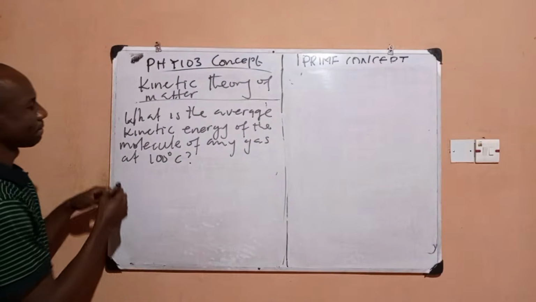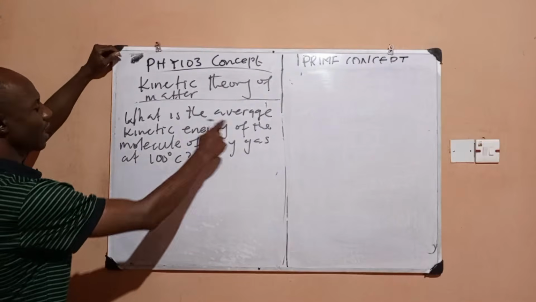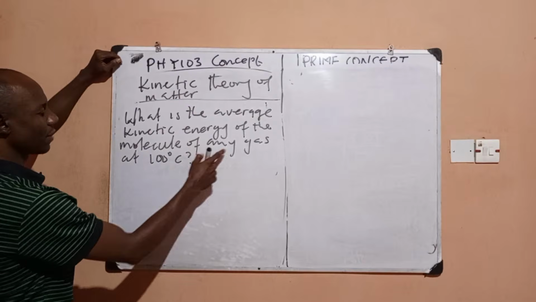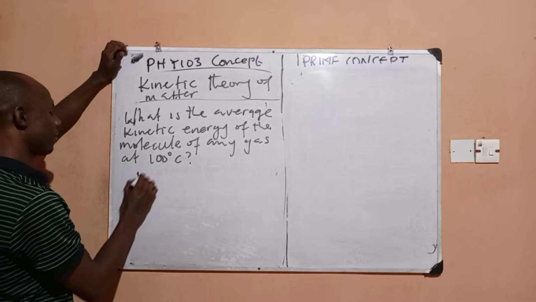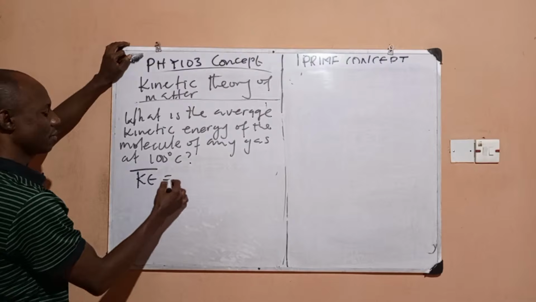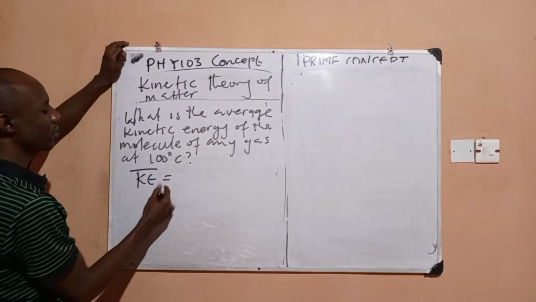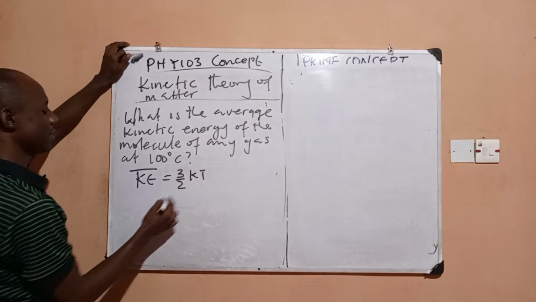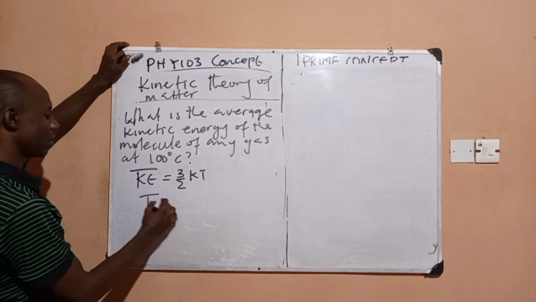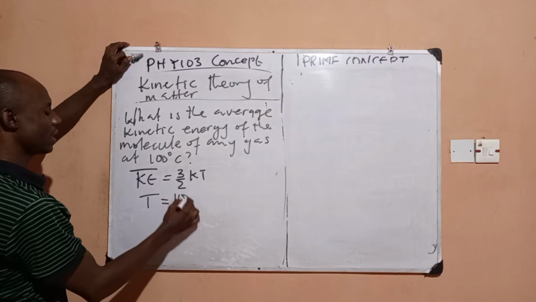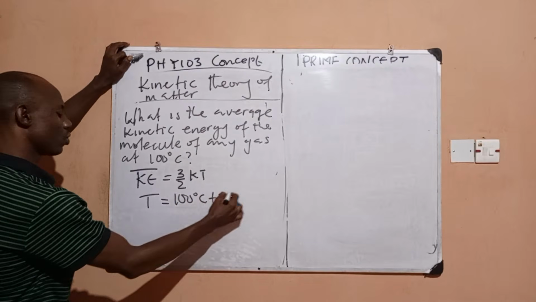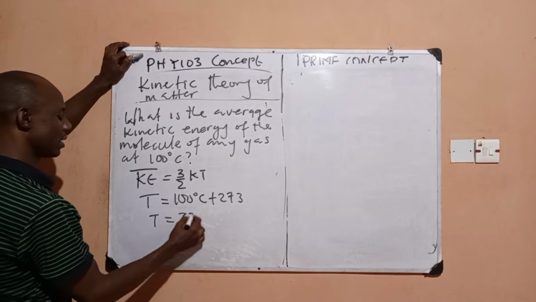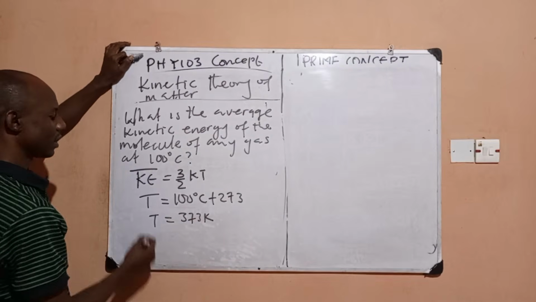So, what is the average kinetic energy of the molecule of any gas? The average KE, in terms of Boltzmann's constant, is 3 over 2 kT. First, you need to find your temperature, which is 100 degrees Celsius plus 273, so your temperature is going to be 373 Kelvin.